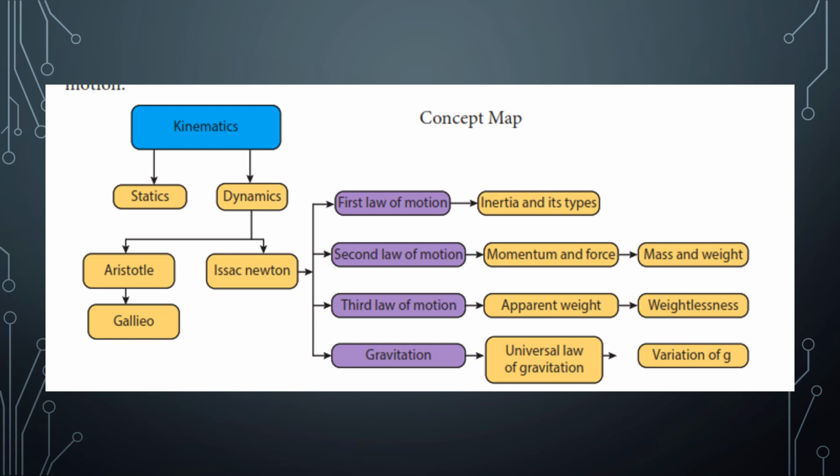Isaac Newton gave the first law of motion, second law of motion, third law of motion, and gravitation. The first law deals with inertia and its types. The second law deals with momentum and force. From that, we have the definitions of mass and weight. The third law of motion deals with apparent weight, that is weightlessness. Gravitation covers the universal law of gravitation and variation of g.